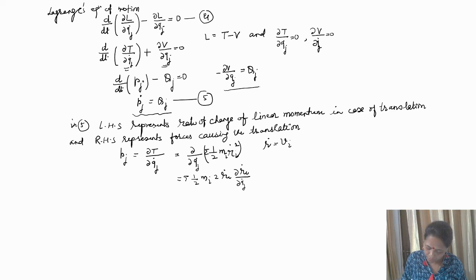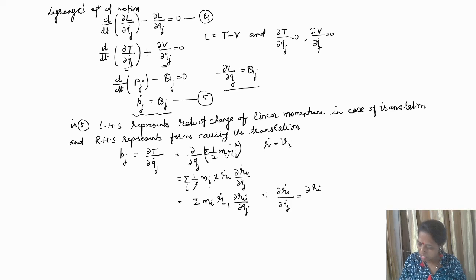Now you have summation with respect to i, and it is summation mi, ri dot, delta ri by delta qj, because delta ri dot by delta qj dot is delta ri by delta qj, which I already proved in some previous article.